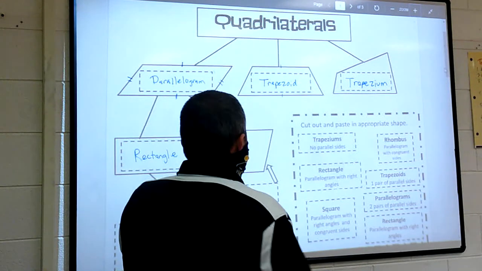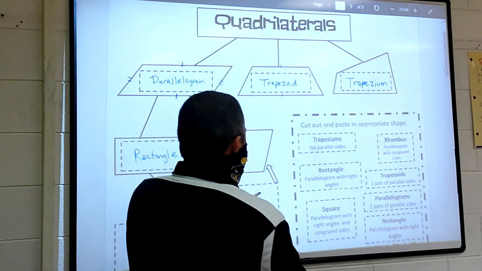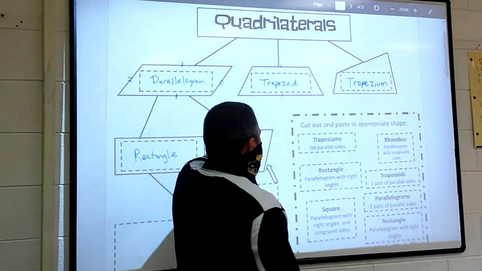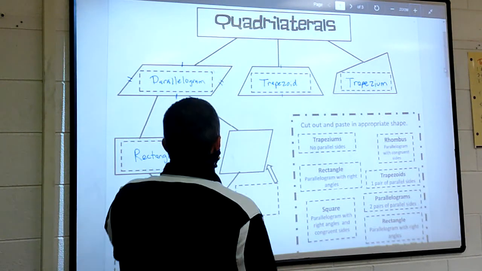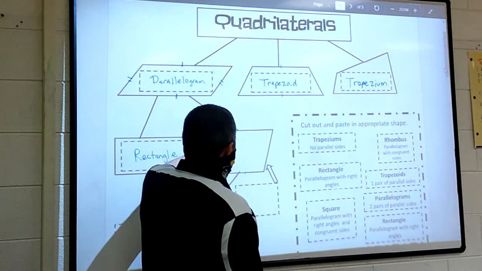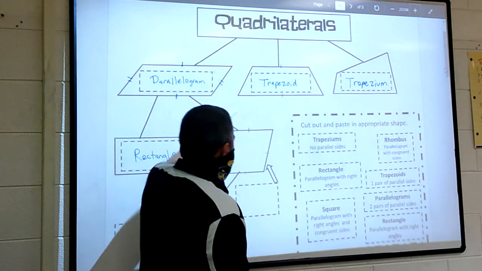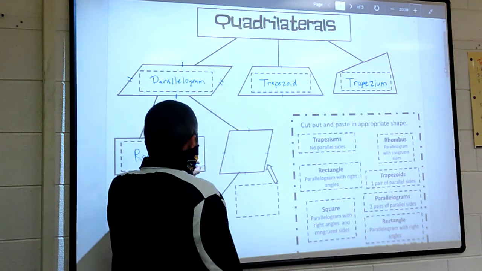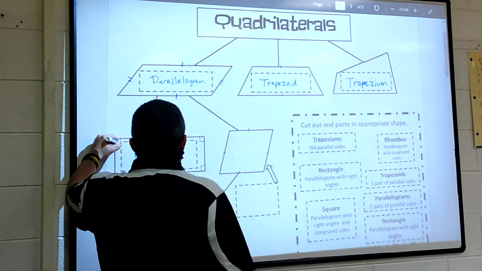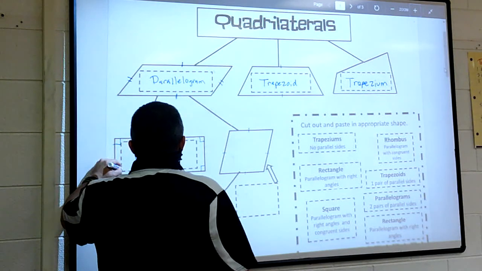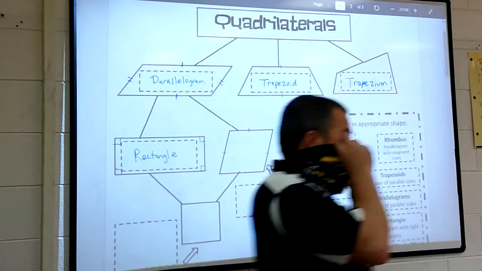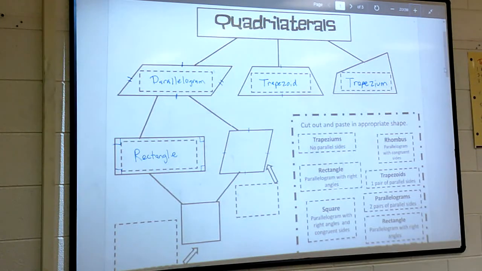Okay, next you see the rhombus. That's going to be right here. It is a parallelogram with congruent sides. Congruent sides means all 4 of these sides are the same. The only thing that doesn't make it a square is that it doesn't have the 4 right angles.